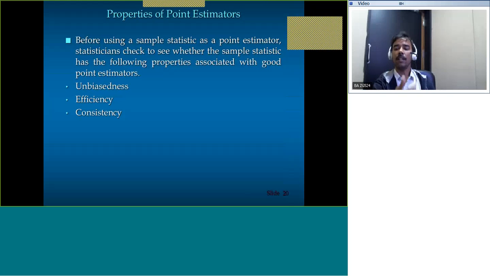For that sample, you are calculating the same characteristic. For the population mean, for the sample you will calculate the sample mean. The population mean is the parameter, the sample mean is the statistic. So finally, we are estimating the population mean through this sample mean. This is the process of point estimation.